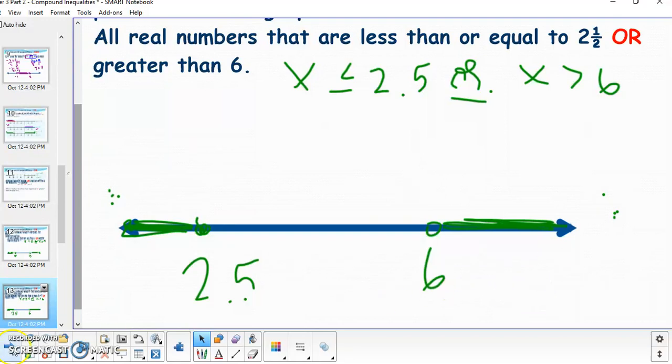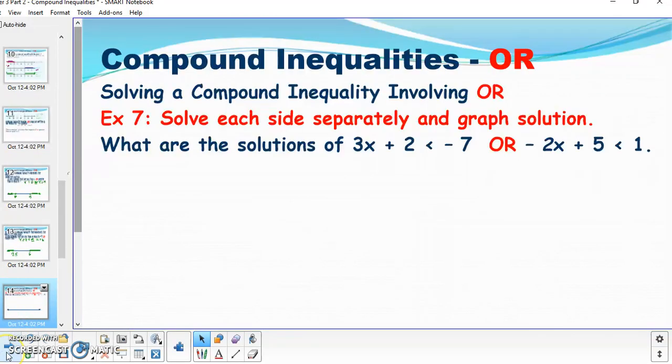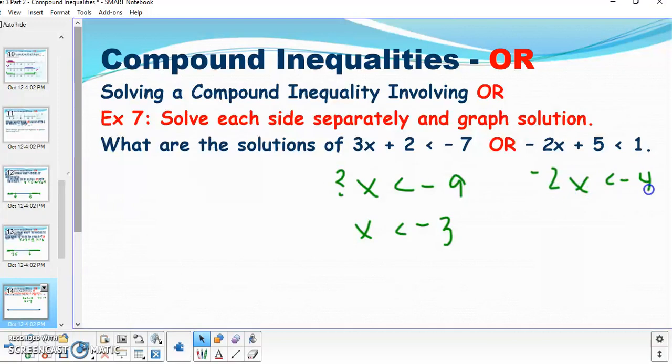So let's continue some examples. You try this. Here's a good time to try this in your notebook. Pause and see if you get it. I am going to continue. I've got 2, so I know it's an OR problem. Subtract 2 on both sides, I get -9. Divide by 3, and I get x is less than -3. Here, subtract 5 on both sides, and I get -2x is less than -4.